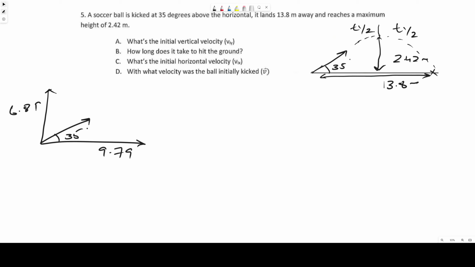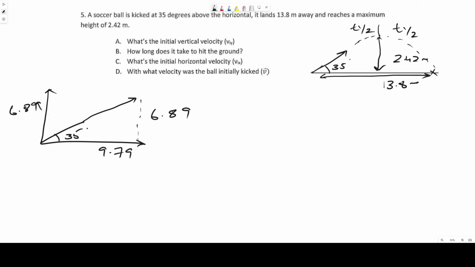So if I were to find the initial speed, I'll move this arrow over to this side. It's a bit too big, so we'll erase that and just continue this line over here. And if I move this 6.89 to this side, I'll just put a dotted line, 6.89.